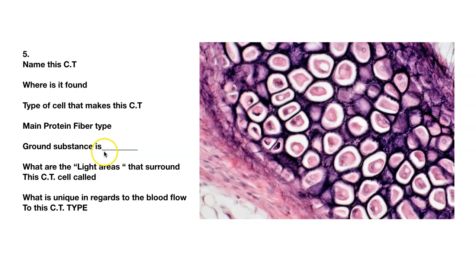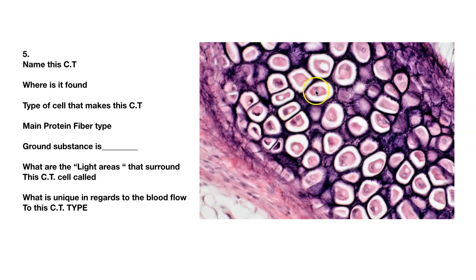Is the ground substance liquid, gel-like, firm, or hard? What is the name of these light areas that are surrounding the connective tissue cell called?